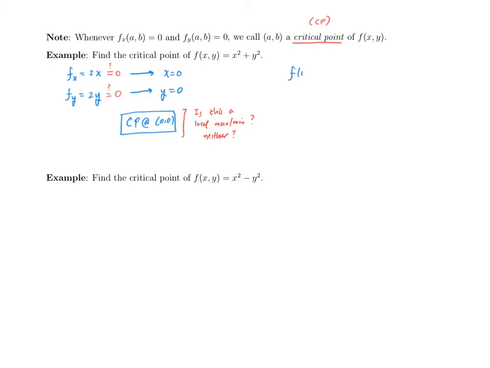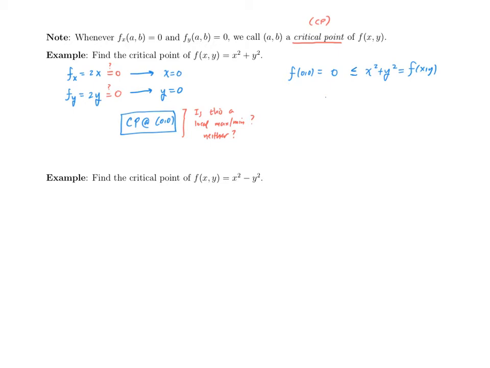If we substitute 0, 0 into our function, what we get back is 0. And for any input that we plug into the function, what we will always get back out is x squared plus y squared. And note, x squared and y squared are similar in the sense that a quantity squared is never negative. So the smallest it could ever be is 0.